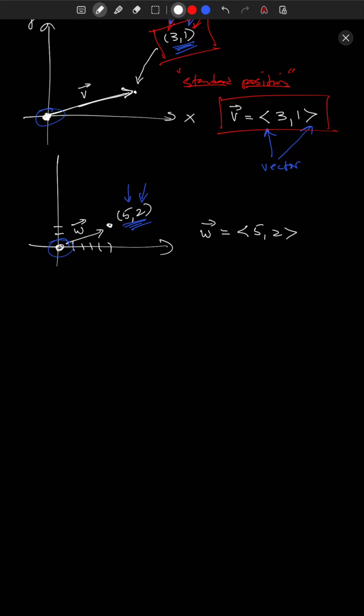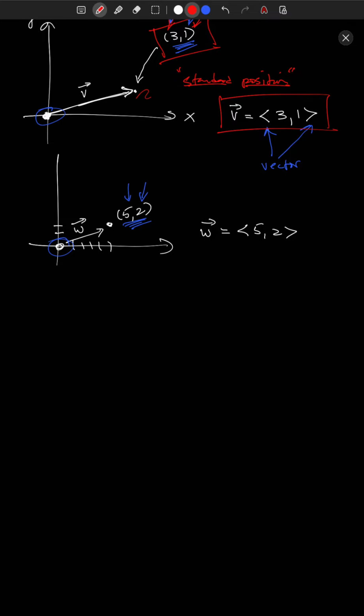All right, our book uses this notation. Let me draw v down here again. So here's v. It's the vector 3, comma 1, right? Notice something very interesting here.